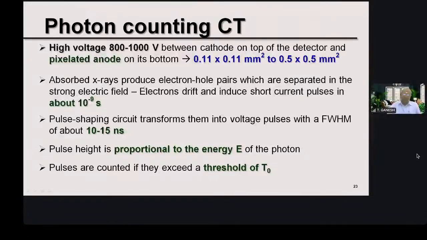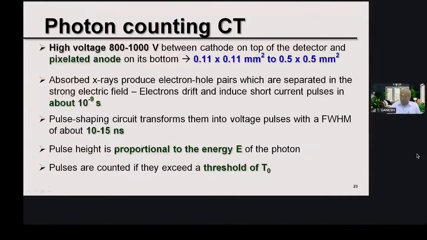Now, the absorbed X-rays produce, as I said, electron hole pairs, which are separated in the intense electric field, and the electrons drift towards the anode and induce short current pulses in about 10 to the power minus 9 seconds, that is, 1 nanosecond. Even though the current pulses are produced in just 1 nanosecond, the pulse shaping circuit transforms them into voltage pulses with a full width half maximum of about 10 to 15 nanoseconds.